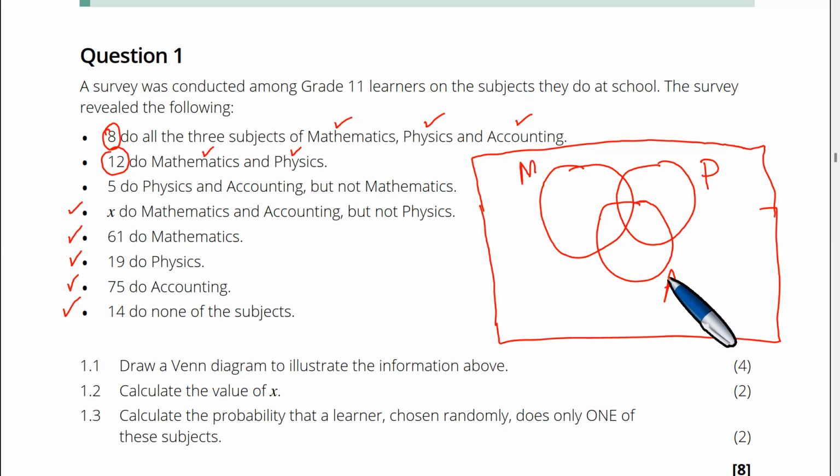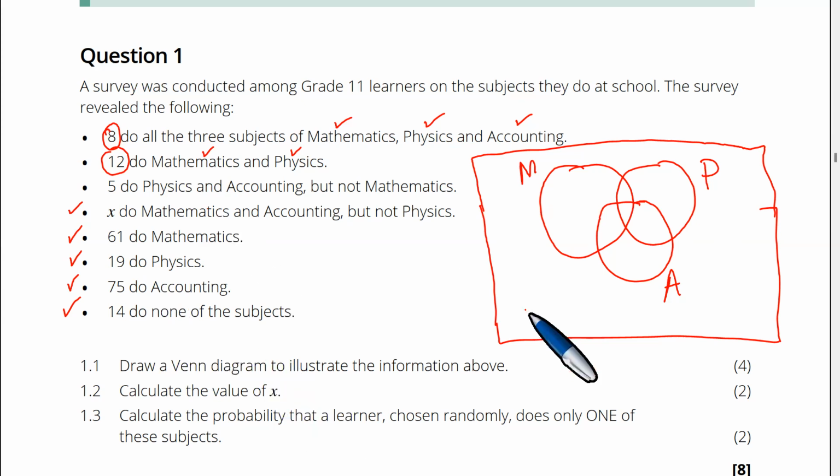If you look at it very carefully, we take note of the following. In this case, what do we actually have? So we have a total of 61 students that do mathematics. If you have 61 students that do mathematics and 19 students that do physics, you have 14 students that do none of the subjects.